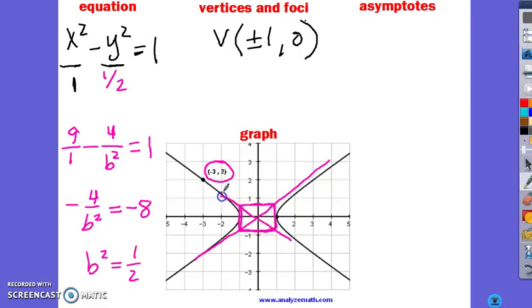And that's where our asymptotes were. So those asymptotes went up square root of 1/2 over 1, up square root of 1/2 over 1. It's kind of awkward, but the slope then would be square root of 1/2 over 1 x.